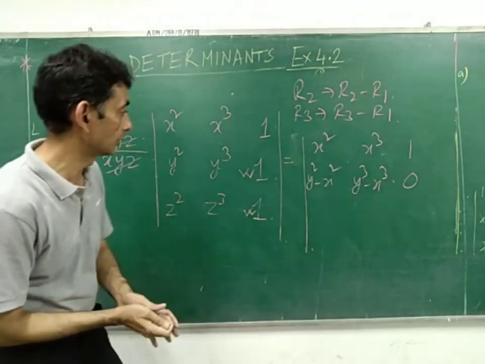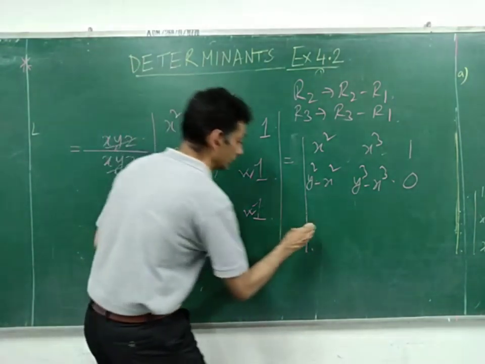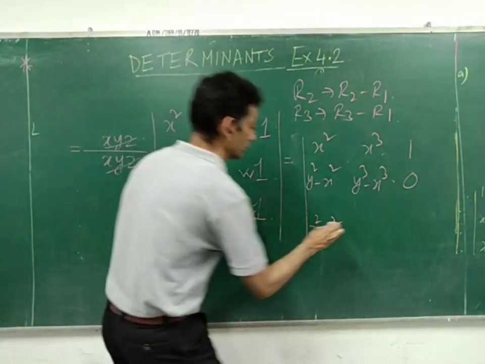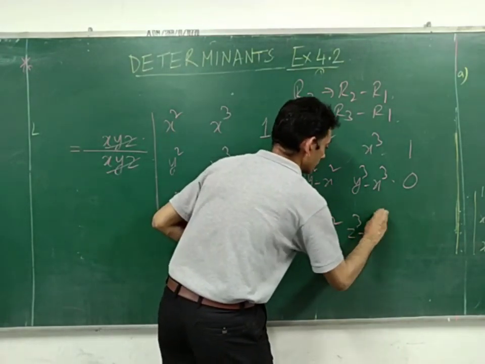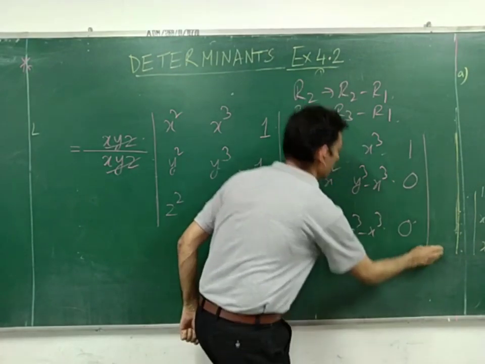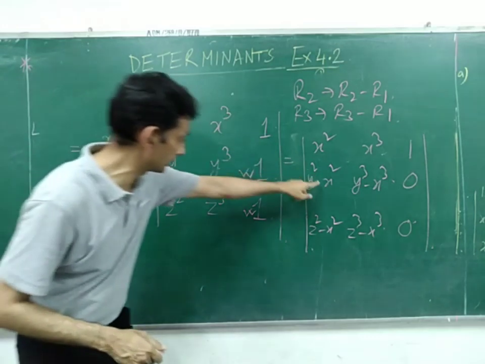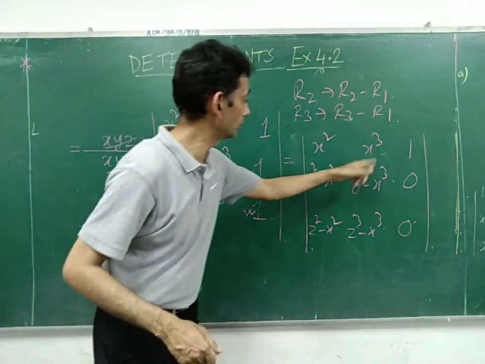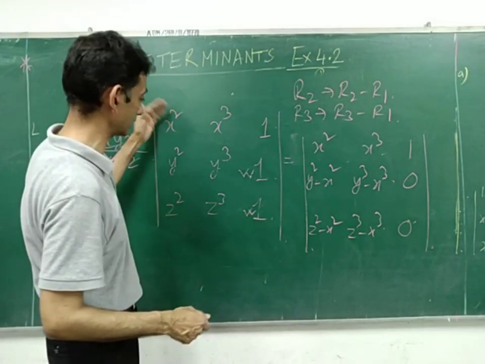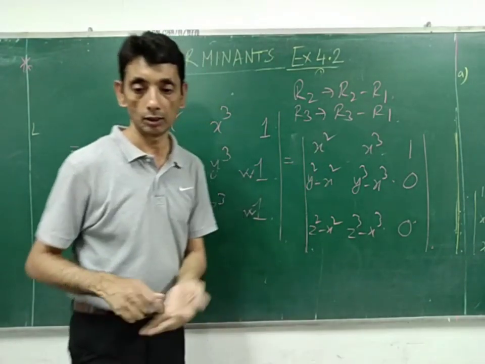Next, we subtract the first row from the third: z squared minus x squared, then z cubed minus x cubed, then 1 minus 1, that's 0. Done. So R2 is y squared minus x squared, then y cubed minus x cubed, then 1 minus 1, 0. Next, z squared minus x squared, then z cubed minus x cubed, then 1 minus 1, 0.